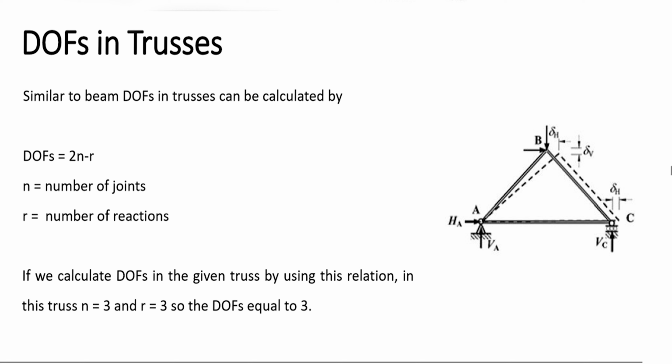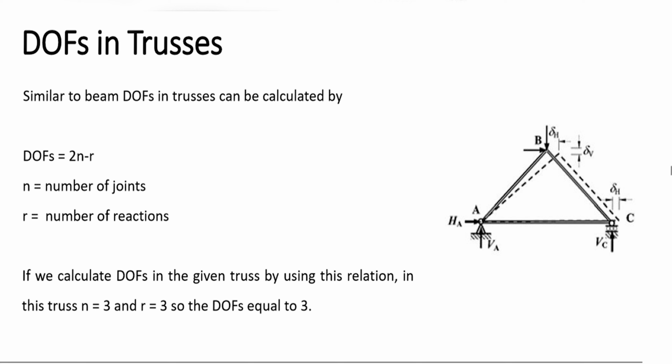Similar to beams, degree of freedom in trusses can be calculated by the formula 2n minus r, where n is the number of joints and r is the number of reactions. So in this given truss, n is 3 and r is equal to 3. Why is r equal to 3?